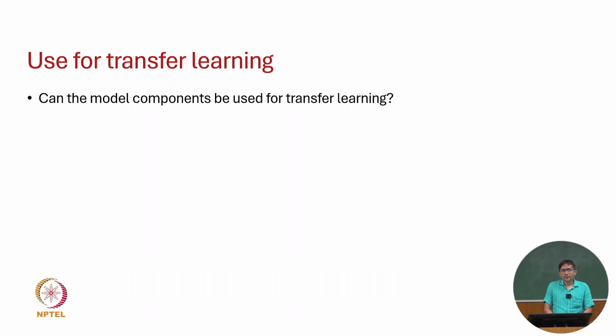So let us try to understand this question better. What was GAN for? We said that the GAN was for synthetic data generation, right?